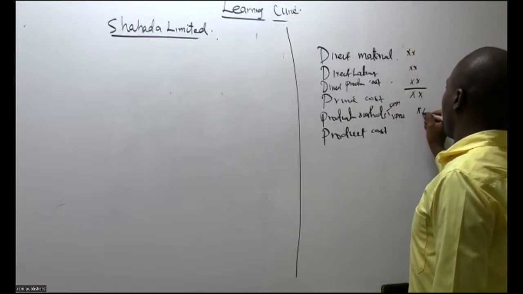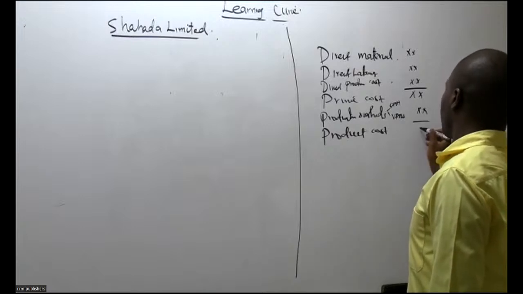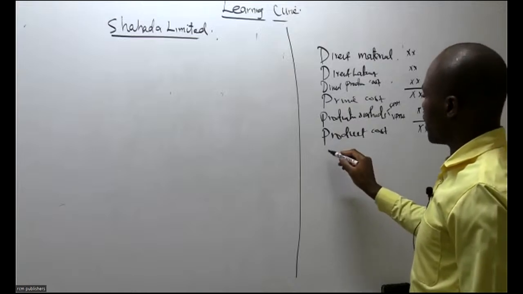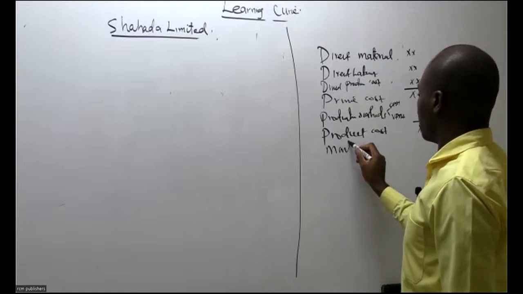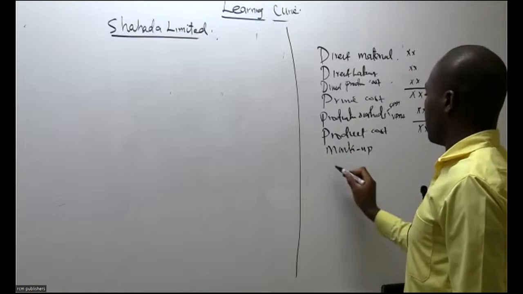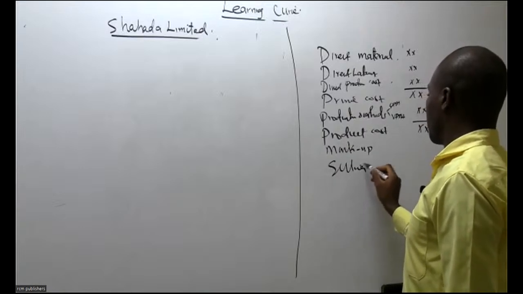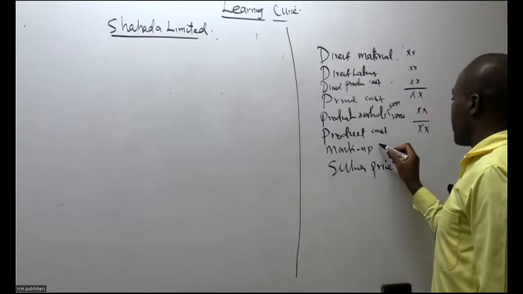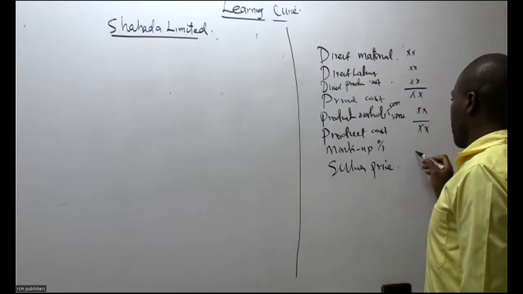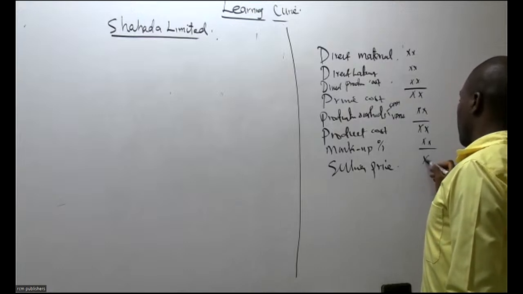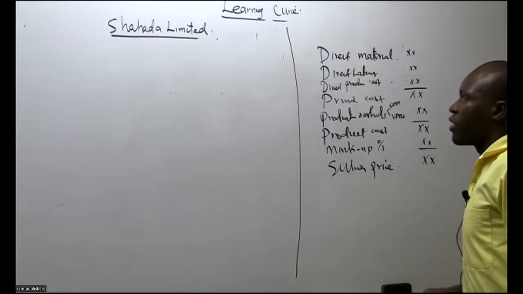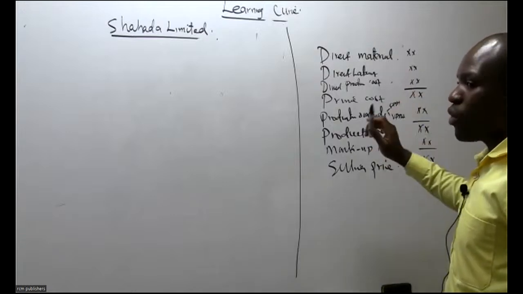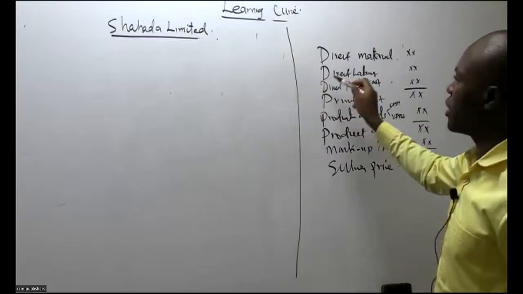Here, we bring all of them and then we get product cost. After having the product cost, you add a markup to arrive at the selling price, maybe a given percentage of the production cost. So all this, I think, is given. The only thing they have not given you, which you need to calculate under this topic, is this one here.